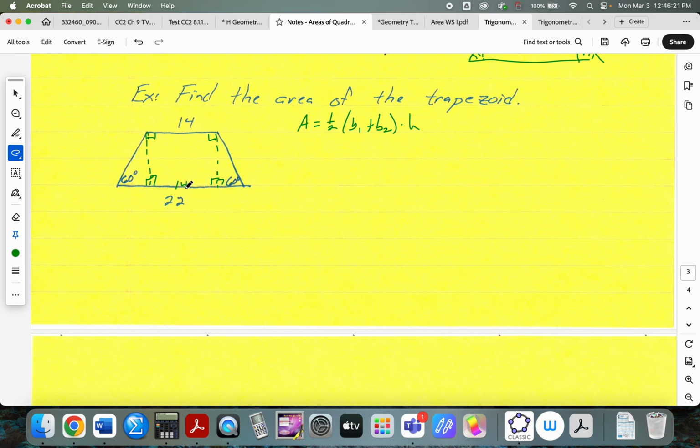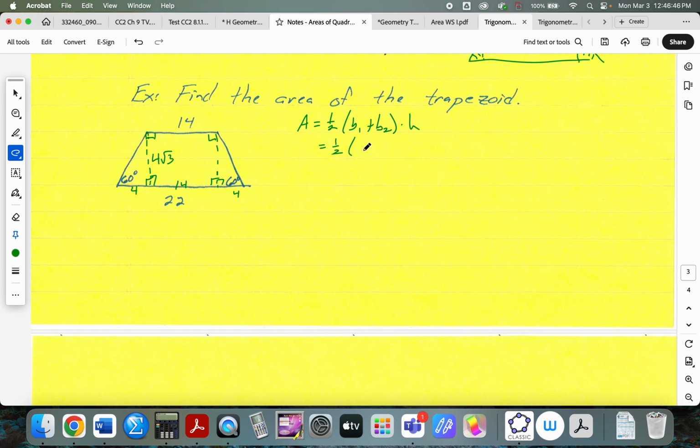We know that this middle part of the lower base is 14. 14 from 22 leaves 8, and these two triangles are congruent to one another. So that means each of these pieces is 4. So what is my height going to be then? 4 square roots of 3. Yeah, 4 square roots of 3.